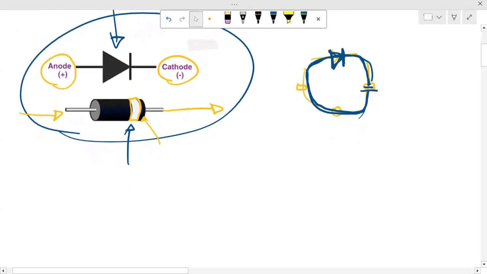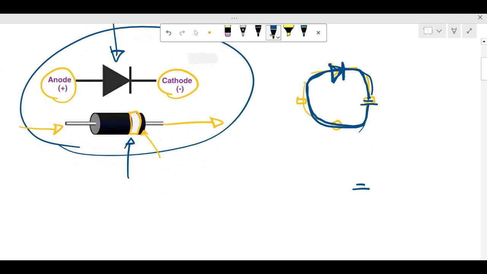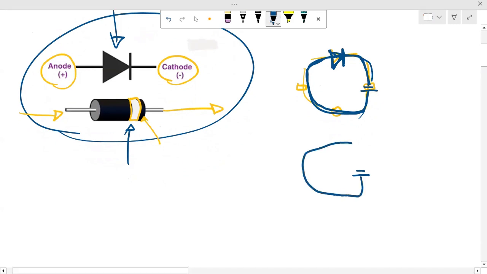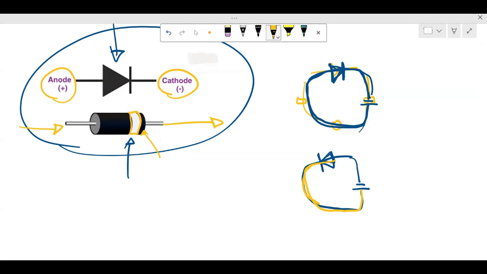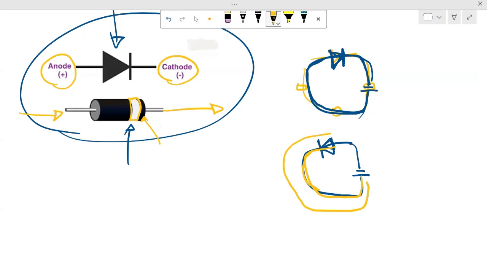Whereas in this case, if the battery is the same, but the diode is facing the other way, the current will not pass through effectively. It will stop here and then it'll get sent back out like this.